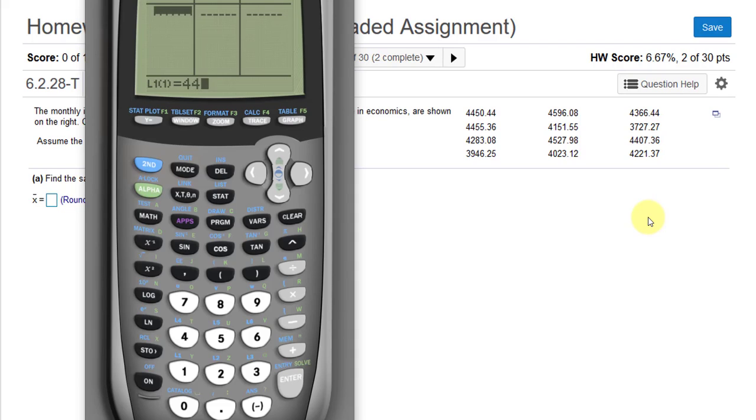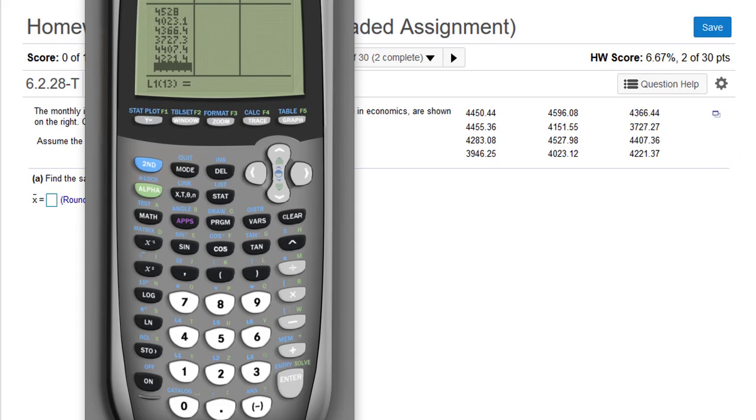So we can do that here: 4450.44, 4455, the second number, and then just keep going on. 4296.08, 4500.55, 4527.98, 4023.12, 4366.44, two more numbers, 4407.36, and the last one.